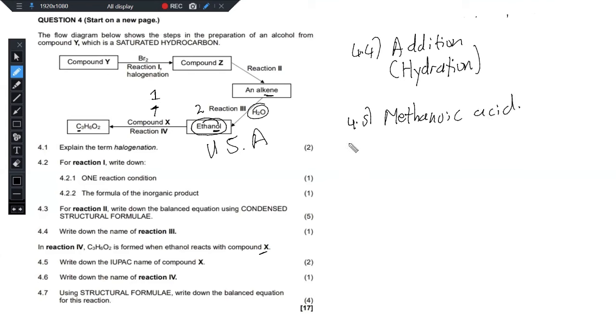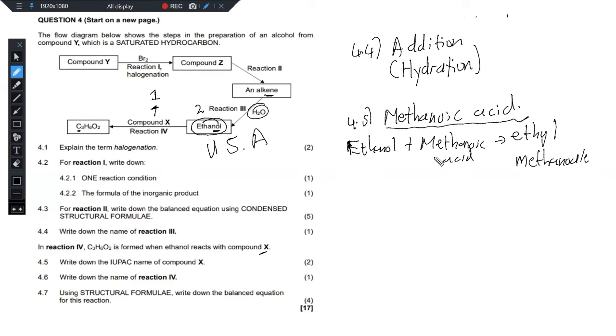Then now you can see if we say that ethanol plus methanoic acid, this is where we have our ester here, which should be ethyl methanoate. Right. But then we were only required to write this.